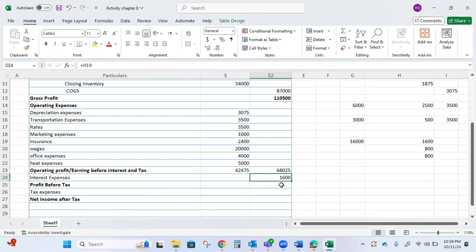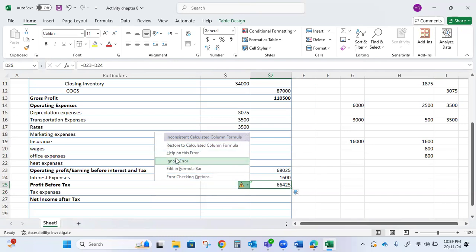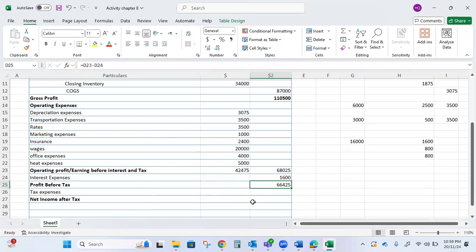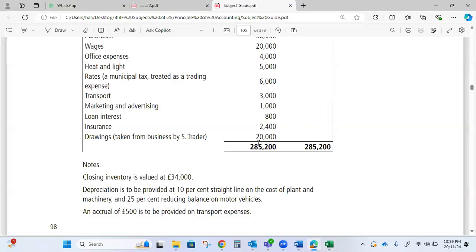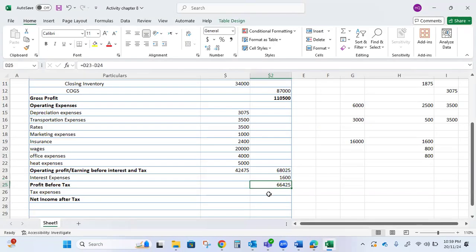And now finally, we are here with the profit before tax. It is equal to profit earning before interest and tax minus interest. Then you get an operating income profit before tax. But there is no such information about the tax rates. So it means that tax information is not given in this question or in the adjustments. So we are assuming there is no tax rate given.